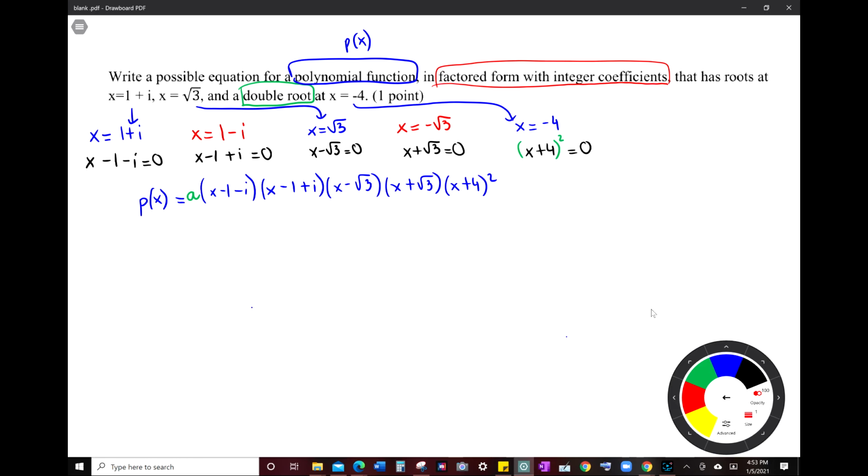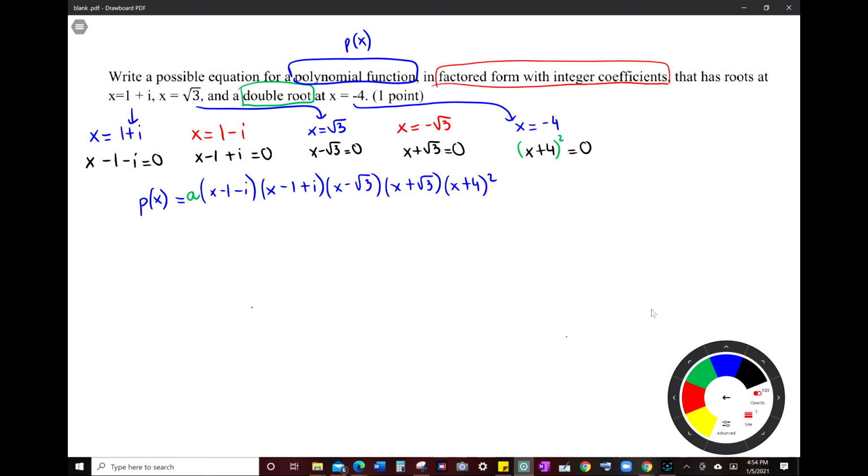For x minus 1 minus i and x minus 1 plus i, they are imaginary numbers. So now we have to do something to make sure we have integer coefficients for those parentheses. Same for x minus square root 3 and x plus square root 3.